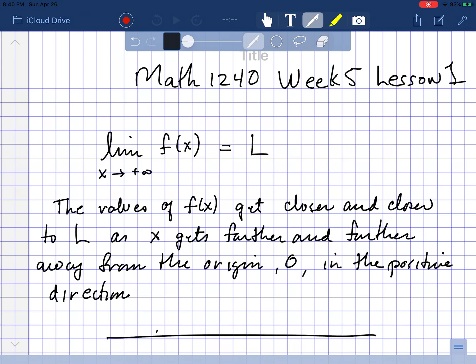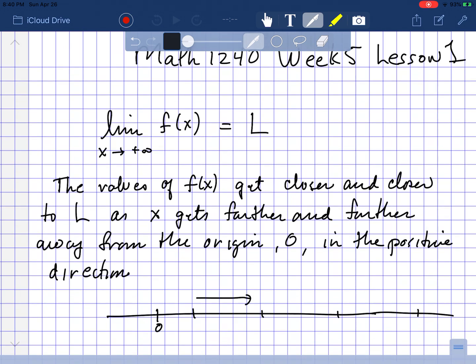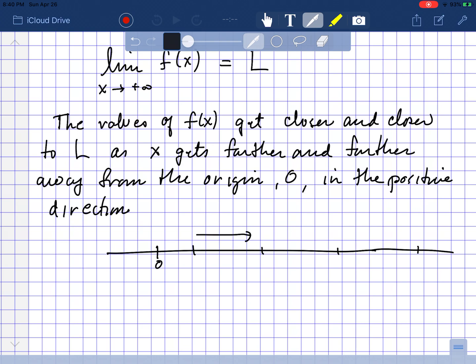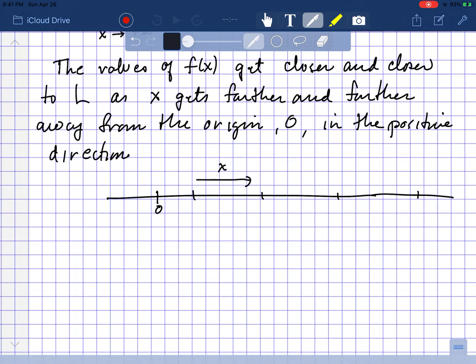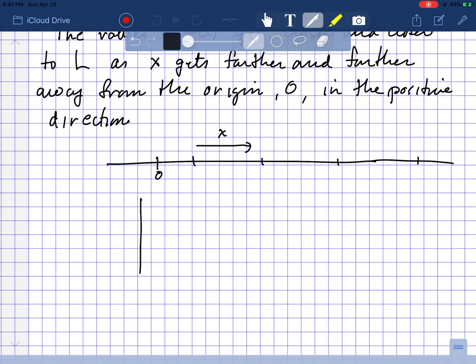So here's 0, and now x is getting bigger and bigger. It's moving out along the x-axis, and it keeps on moving out without any limit, without any bound, and the corresponding values of f of x get closer and closer to the value L.